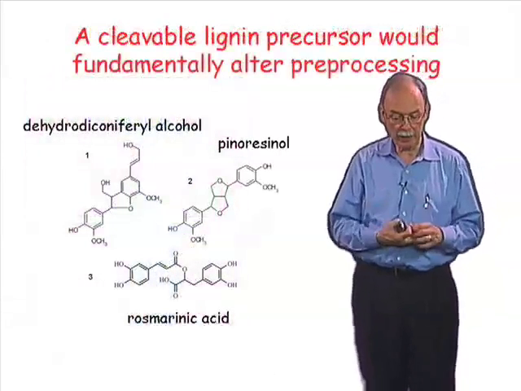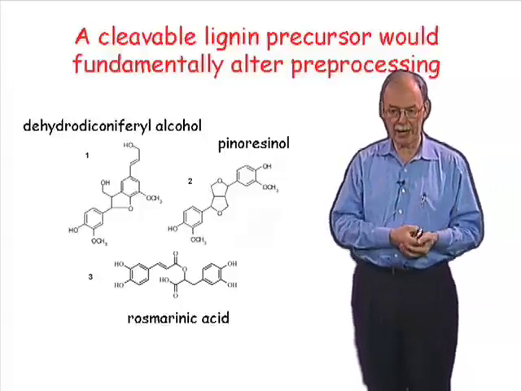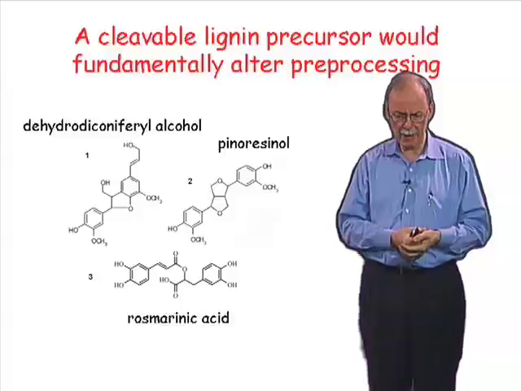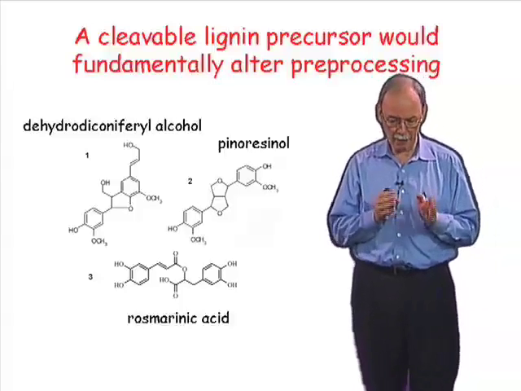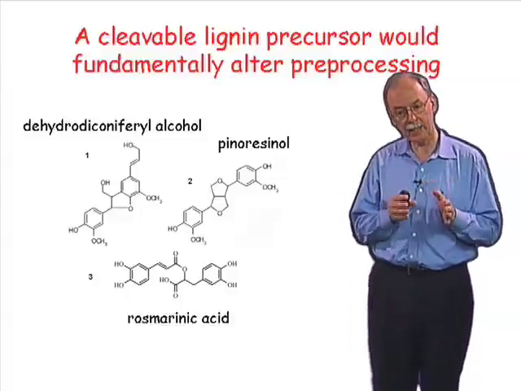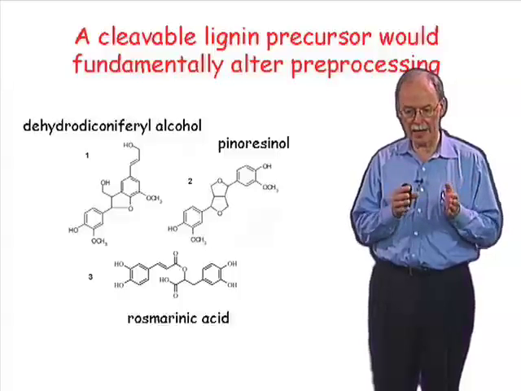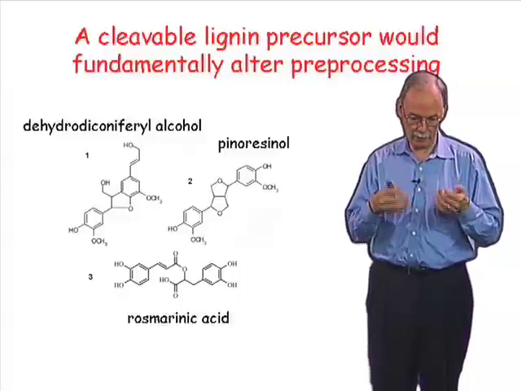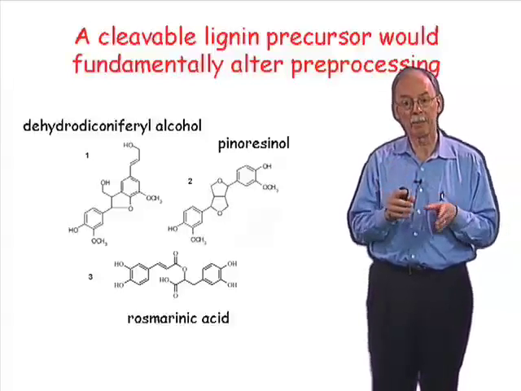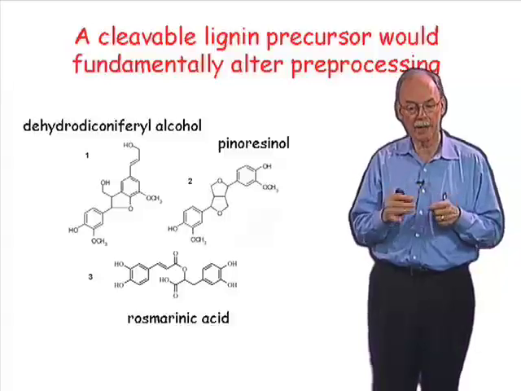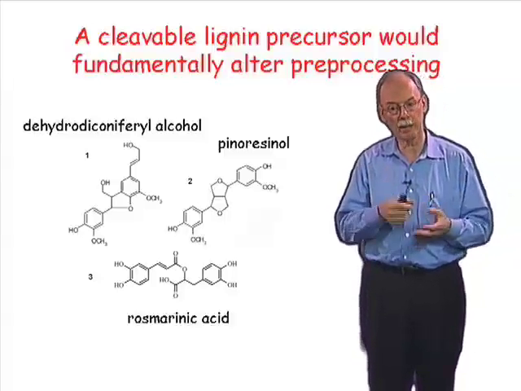There are many conceivable alternative approaches, but one approach that the field is exploring right now is to make a different type of lignin. Our basic idea is that because lignin is made in a free radical process, it's possible that if we engineered plants to make a type of molecule that could be incorporated into lignin, but that had a cleavable linkage, we might get lignin that still has the right physical properties, but that could be degraded more easily.